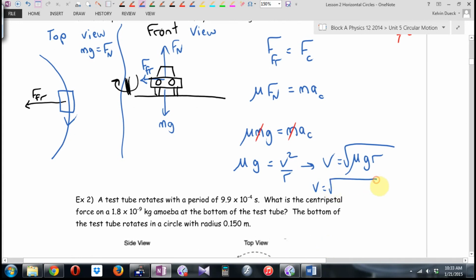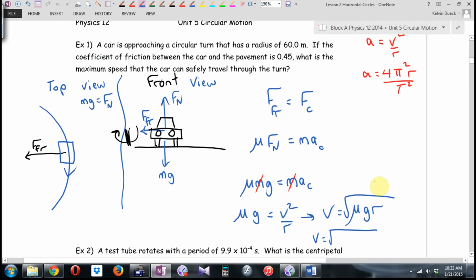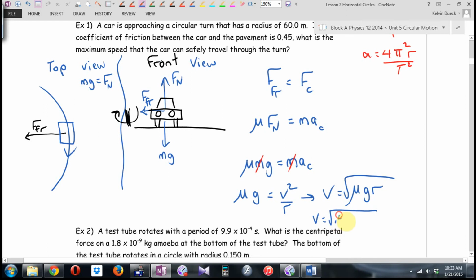It's going to be the square root of, what's mu? I don't know, what's mu with you? 0.45? 9.8? Corner has a radius of, what did I say? 60, not 45, Mr. Dueck.